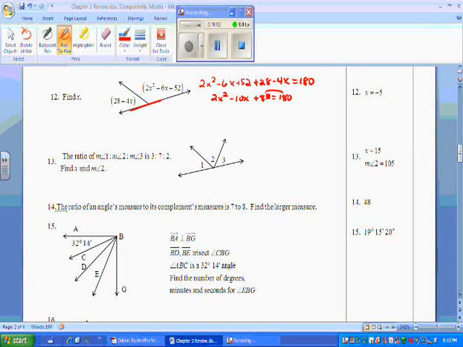Before you can factor, it has to equal 0, so minus 180 over this way. 2x squared minus 10x minus 100 now equals 0. Now we can factor. Doesn't have a leading coefficient of 1 yet, but wait a second. Everything is even, so that means we can pull out a 2, leaving us with x squared minus 5x minus 50 equals 0.